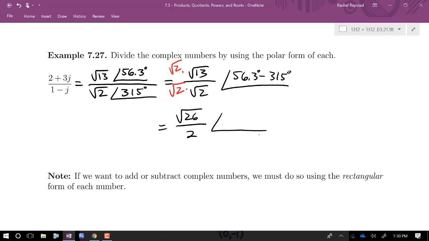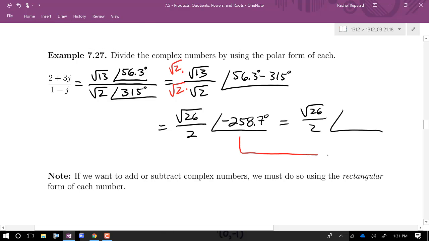Negative 258.7. So we got a negative angle, which means there's only one thing left for us to do to fix this, and that is add 360. .3.